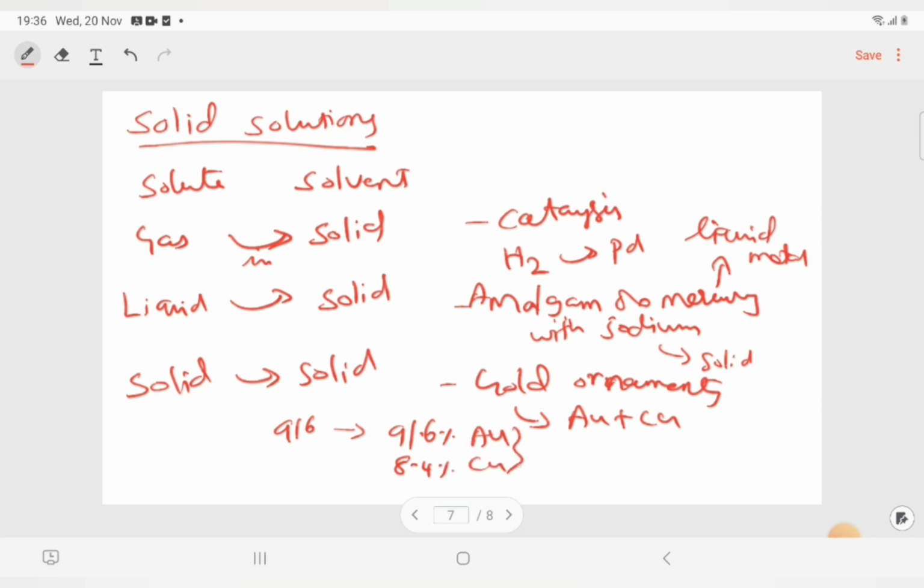This is a homogeneous alloy. We add copper to the gold to make it flexible, because pure gold is not flexible enough to make any ornament or structures. So adding small quantities of copper gives it more flexibility. So this can be called solid in solid solutions.